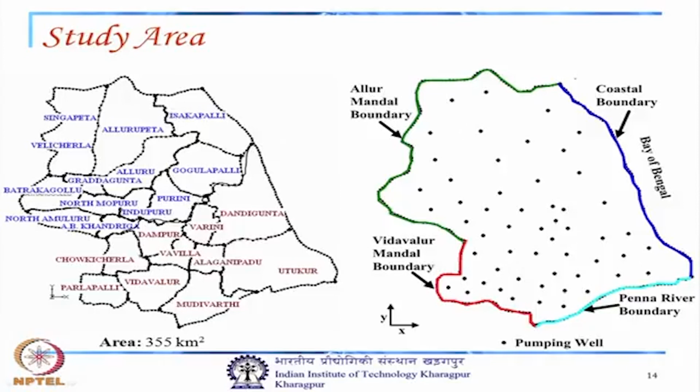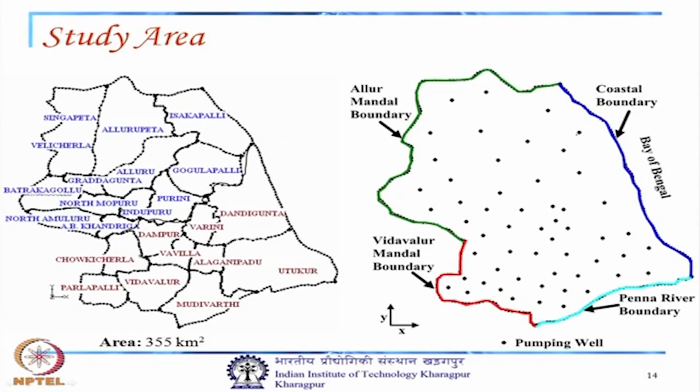So, to model this kind of coastal aquifer region, basically these have one coastal boundary, that is Bay of Bengal, one is Penna river boundary, another two boundaries are political boundaries, that is Alur Mandal boundary and Vidavalur Mandal boundary, and these black dots indicate the location of pumping wells.